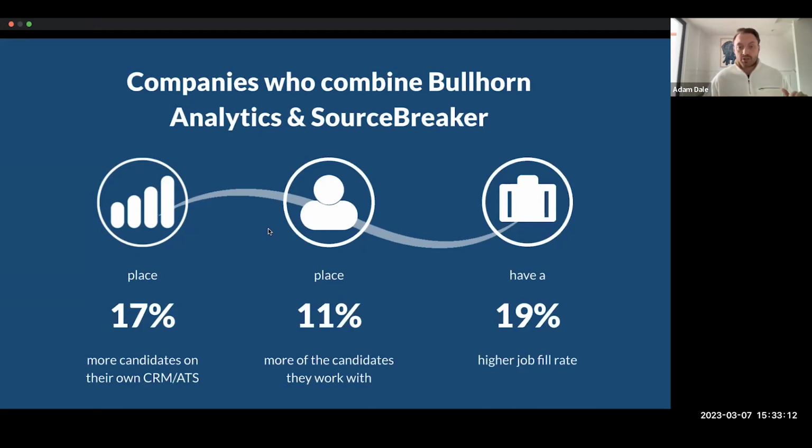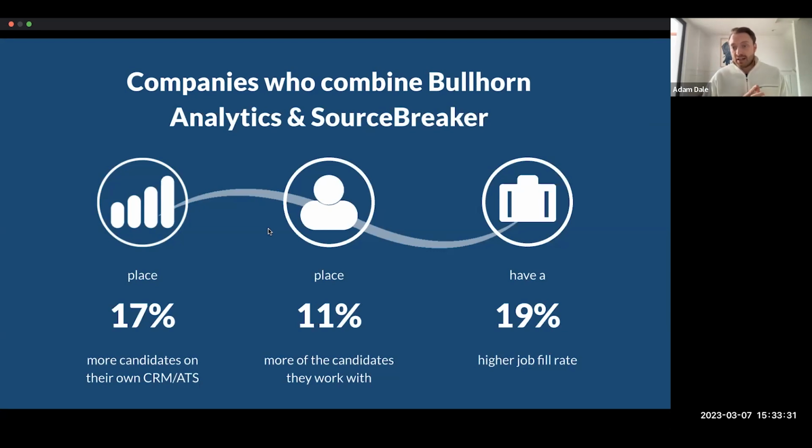For any customers that use these two products versus those within the UK and Ireland that don't, they place 17% more candidates from the ATS, so not having to go and acquire new candidates every single time. They place 11% more of the candidates that they ultimately work with.